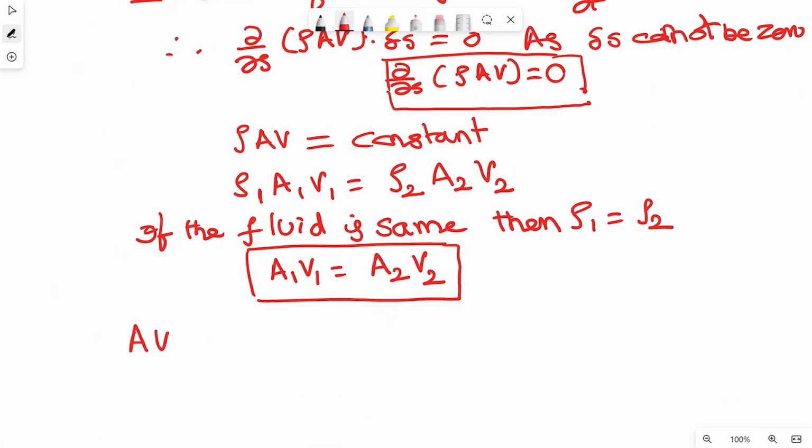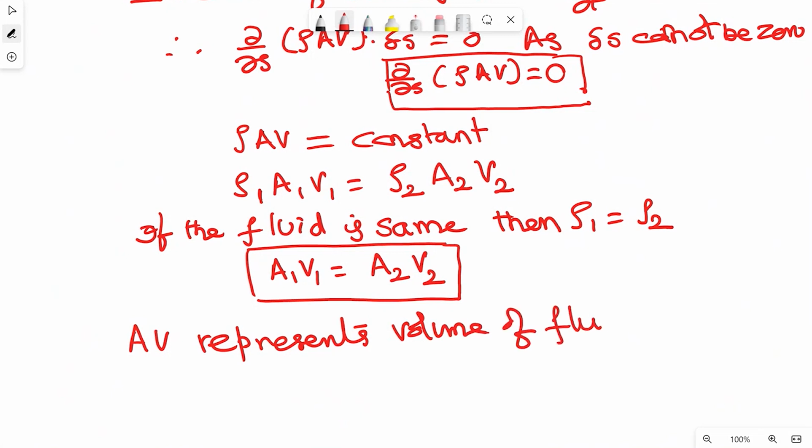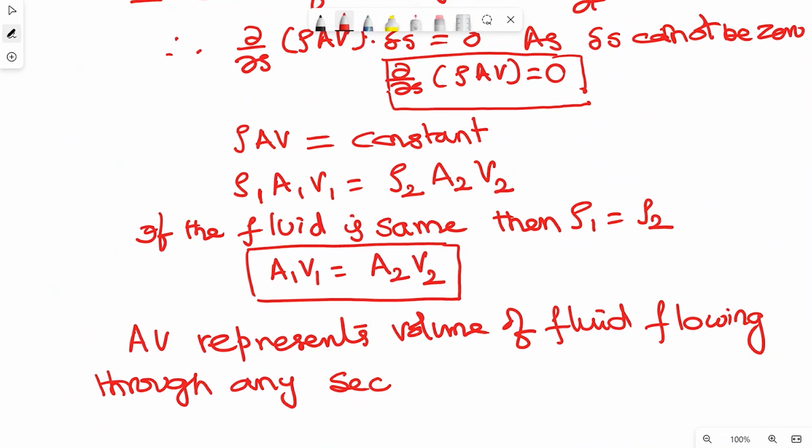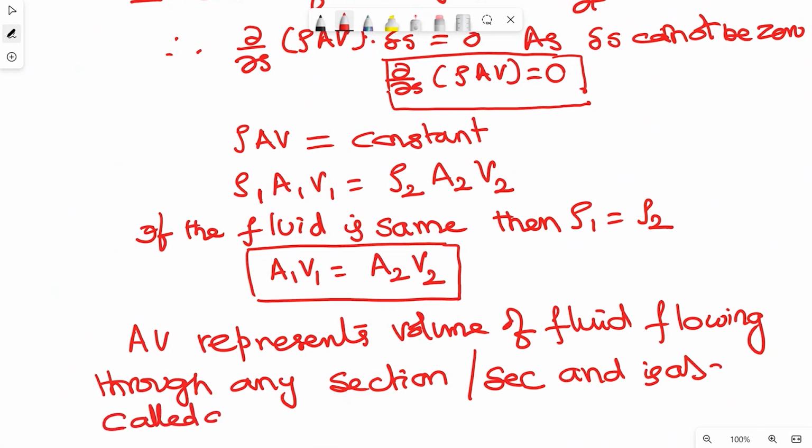AV represents the volume of fluid flowing through any section per second, and is also called the rate of flow.